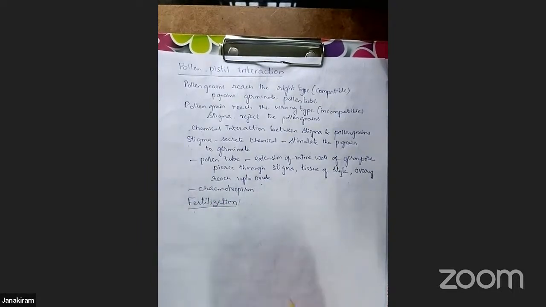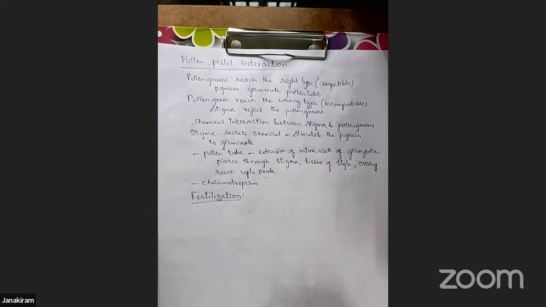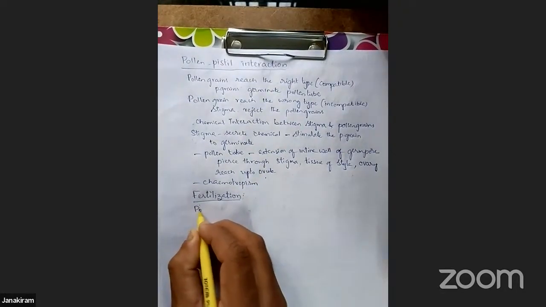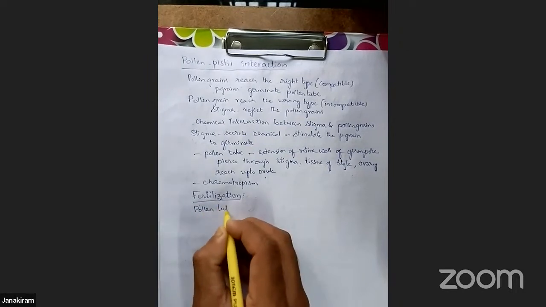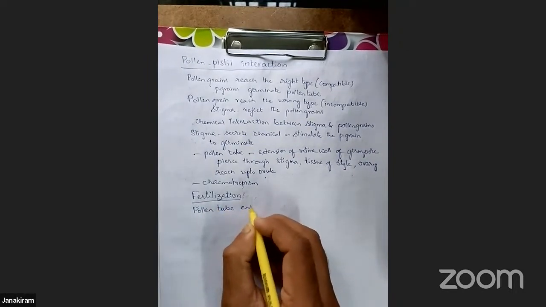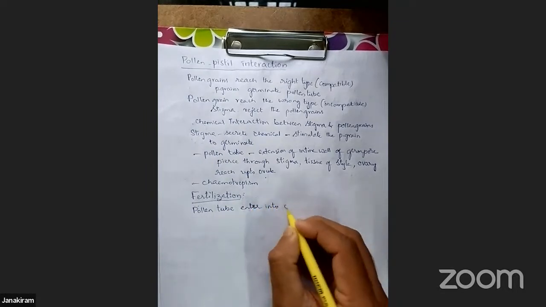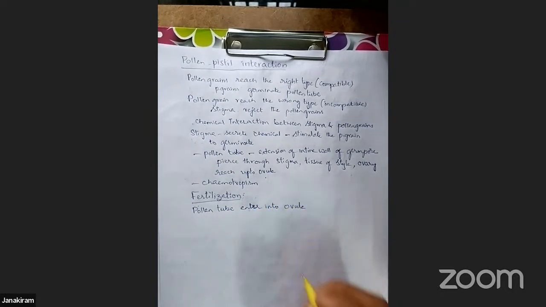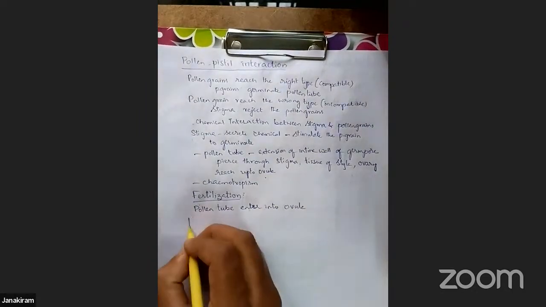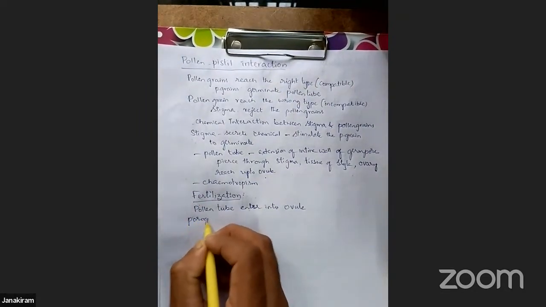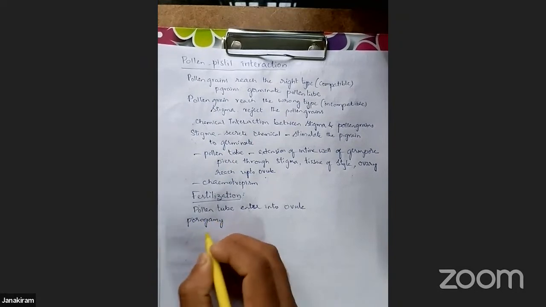Before going to the process of fertilization, we should know something about how the pollen tube enters into the ovule. The pollen tube enters the ovule by 3 methods. The first one is called porogamy.